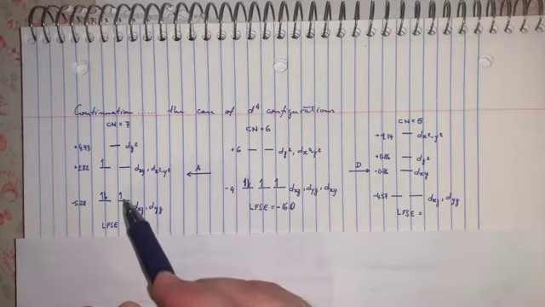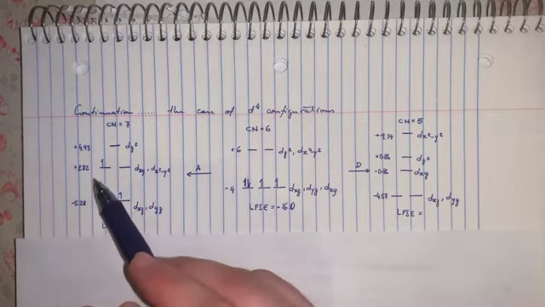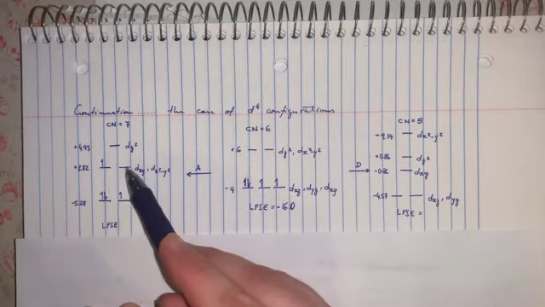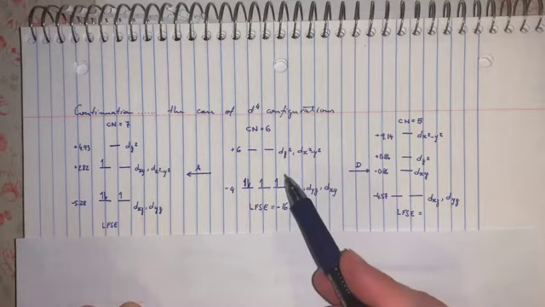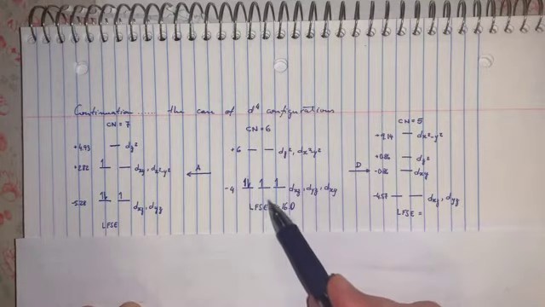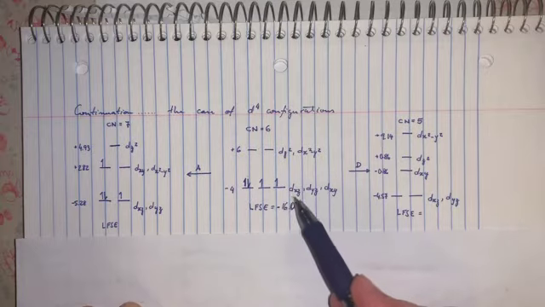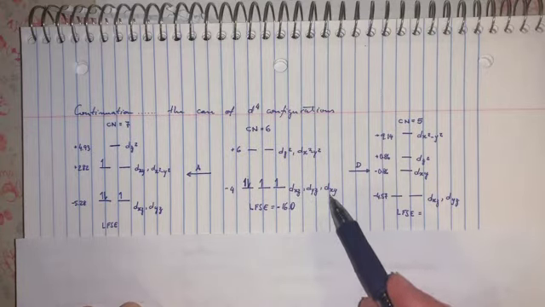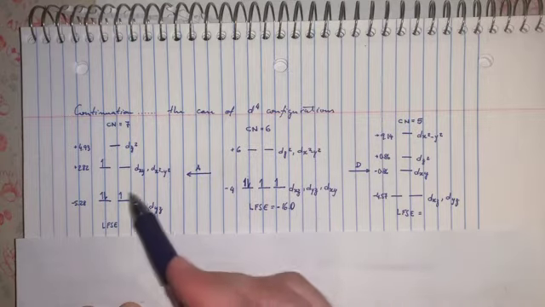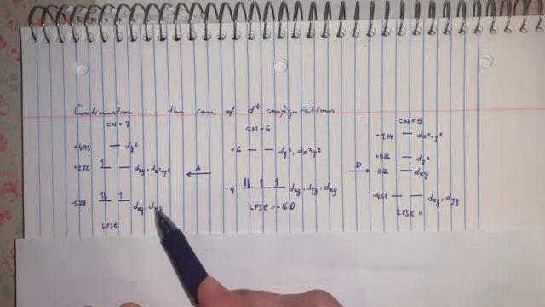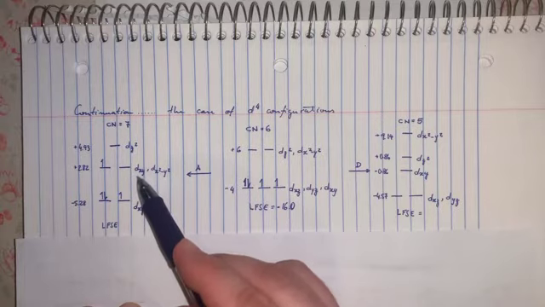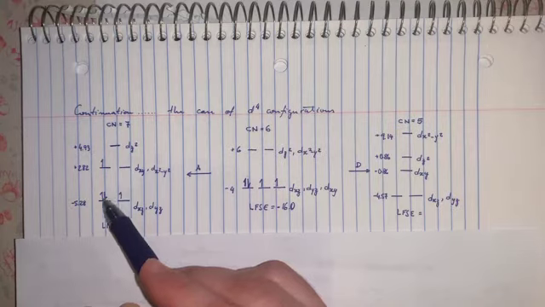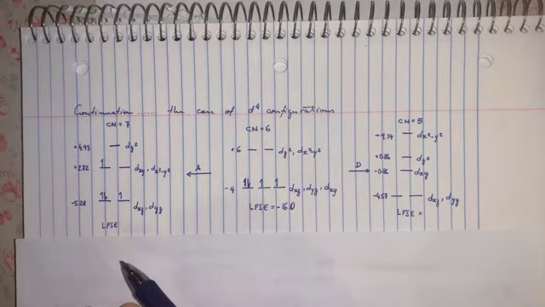So why did I do 1, 2, 3, and 4 back here and not over there? Because the 4 electrons belong to dxz, dyz, and dxy orbitals. So these 4 electrons must be in dxz, dyz, and dxy orbitals. That's why I moved the 4th electron back here and not over there, okay?